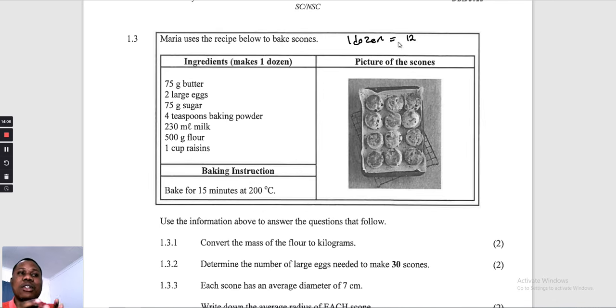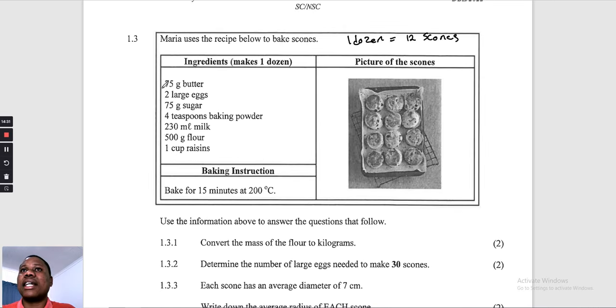If we talk about a dozen muffins, we talk about 12 muffins. If we talk about a dozen scones, we talk about 12 scones. So in this case, Maria bakes scones, meaning that 1 dozen is 12 scones. You're just making sense of the information that is given. All right, so let's proceed.